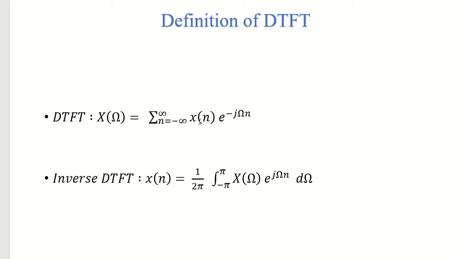Omega is the frequency of my discrete time signal, and the range of this frequency will be minus pi to pi. If you sum it up, it is equivalent to 2 pi, which means you are going around the whole circle, and during this whole circle the radius will be the same, so it will be continuous in this range.